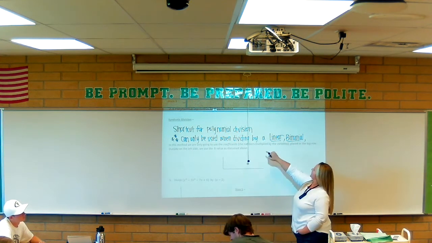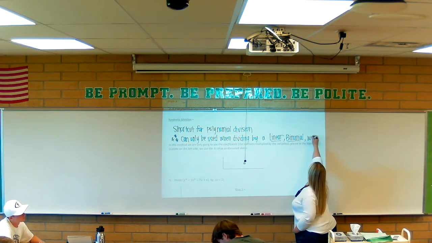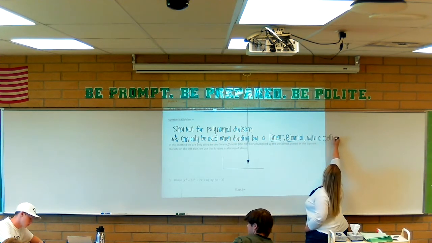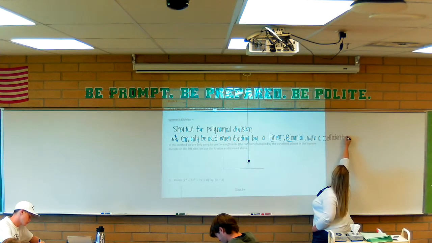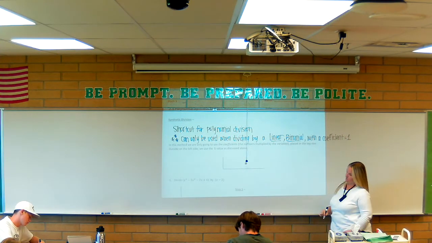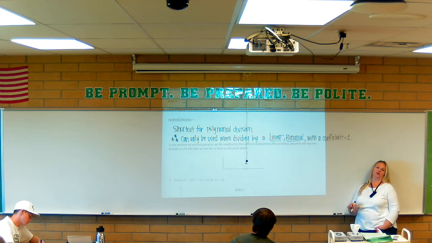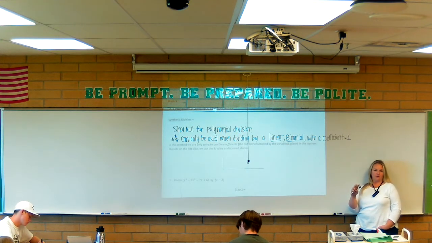It can only be used when dividing by a linear binomial with a coefficient equal to 1. What does that look like? Can somebody give me an example of a linear binomial with a coefficient of 1?